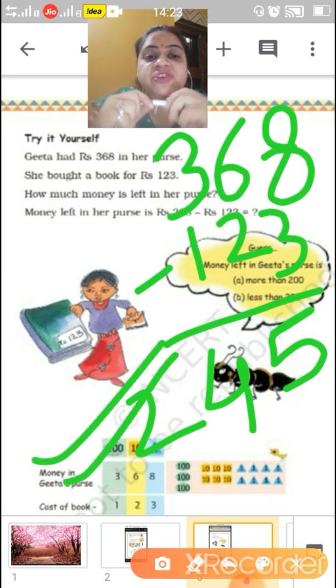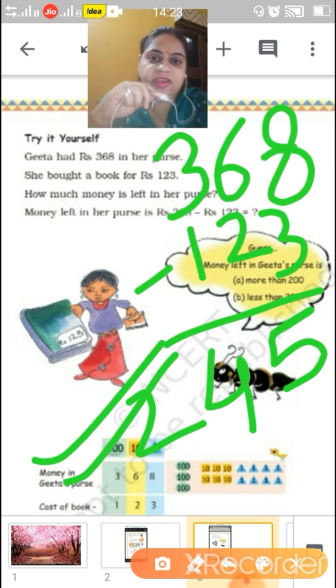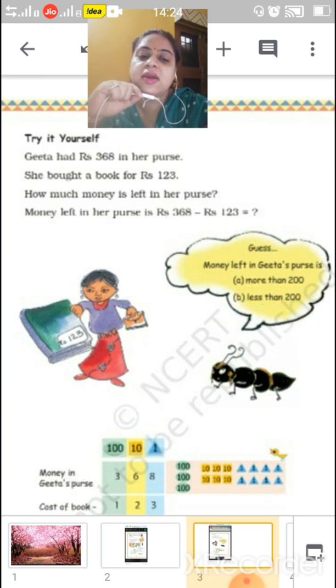When she bought the book, the money she has left in her purse is 245 out of 368, because she bought the book for rupees 123. So now she has 245 in her purse.